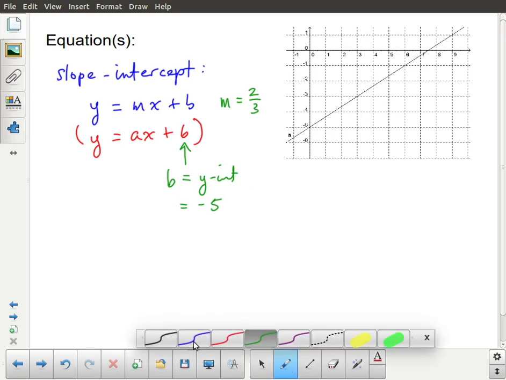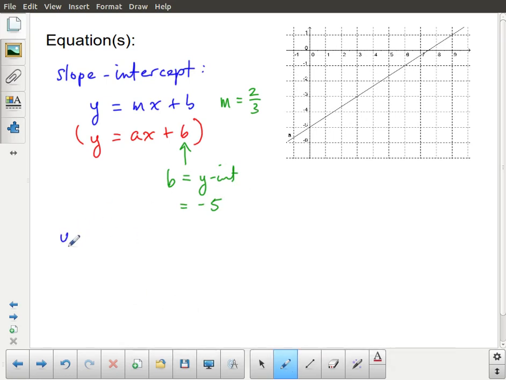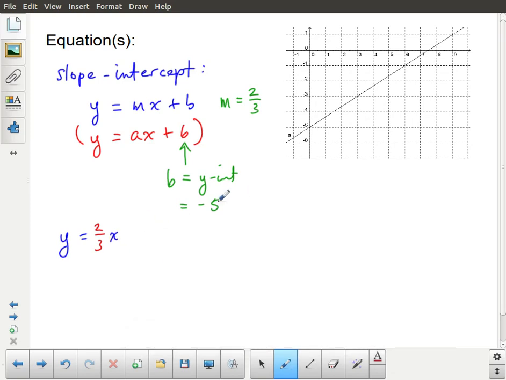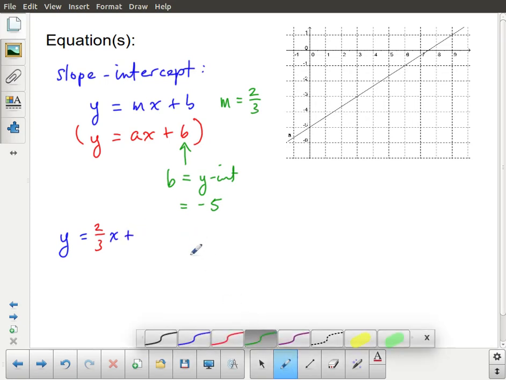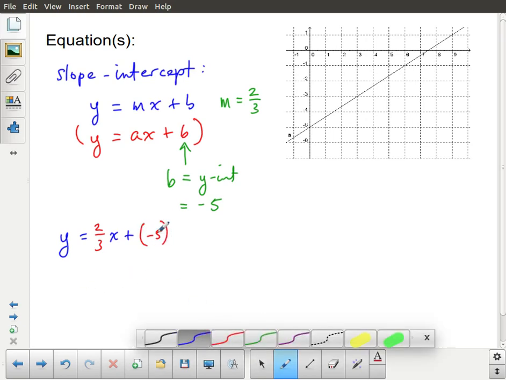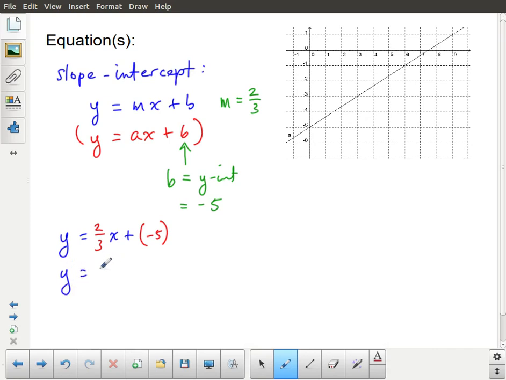So putting those together, we can say that y is equal to 2/3 times x, plus the y-intercept. So I'm actually going to write it this way, plus the y-intercept, which is -5, but more typically we would say plus -5. We would write that as 2/3 x minus 5.